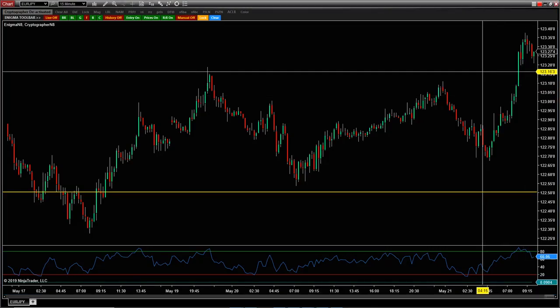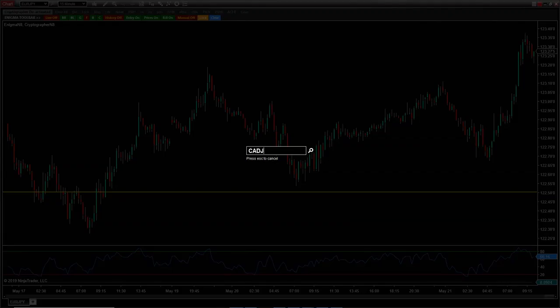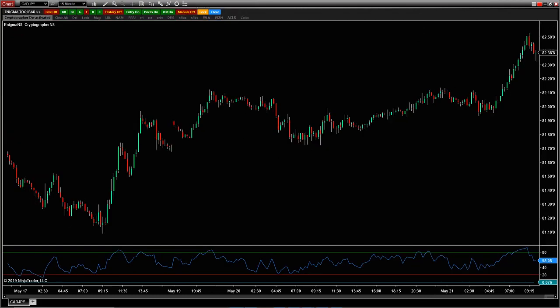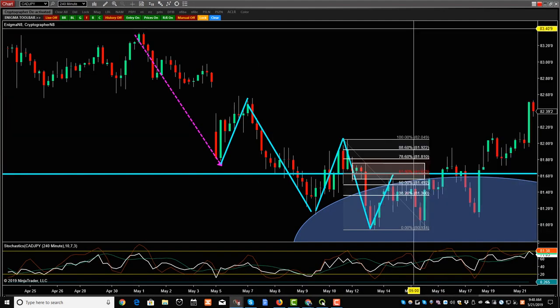Let me just see. Canada yen is the last real one I want to take a look at. Let's take a look at that real quick, and then I'll let you guys steer the show if there was a specific pair you want to take a look at.